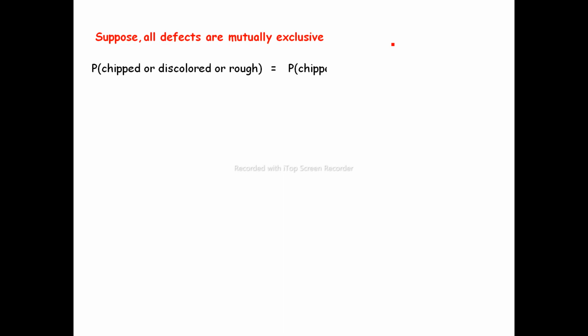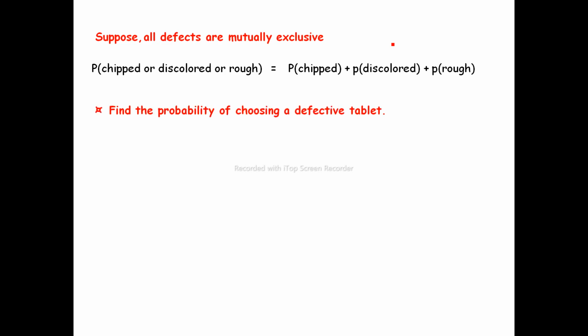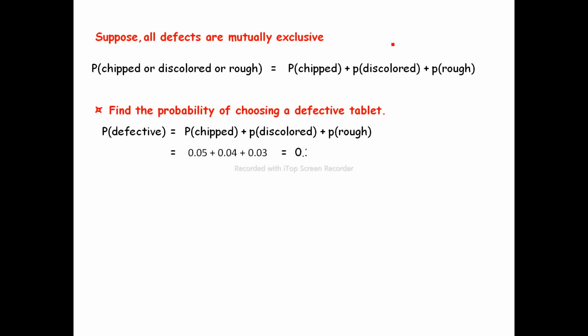So we'll write it as the probability of chipped plus the probability of discolored plus the probability of rough. Find the probability of choosing a defective tablet. So the probability of choosing a defective tablet equals the probability of chipped plus discolored plus rough. You need to add all these, so you will get 0.12. So we have 0.12 probability of defective tablets, or 12% defective tablets.